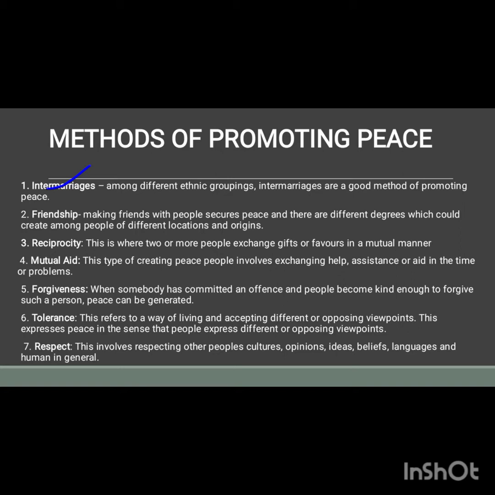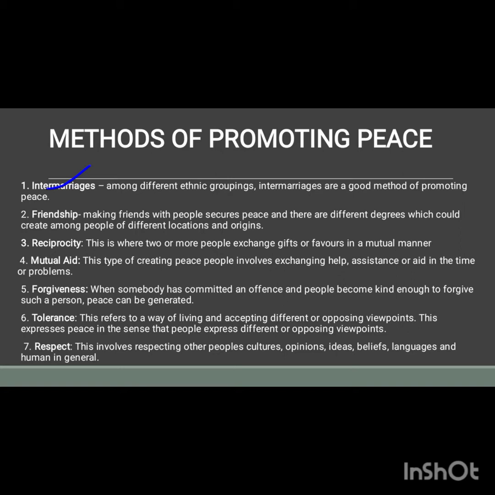If you are a Tonga, marry a Lala. If you are a Bemba, marry a Lozi. You are bringing peace between the two tribes, because you cannot be fighting your in-laws. So when you marry someone from a different tribe, then you are promoting peace between the two tribes.